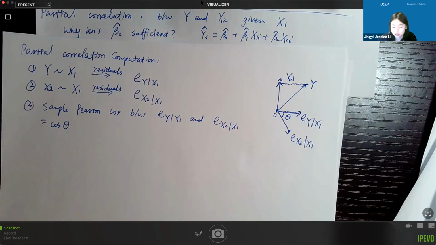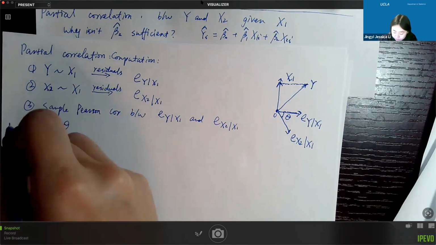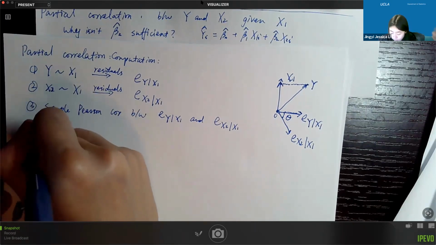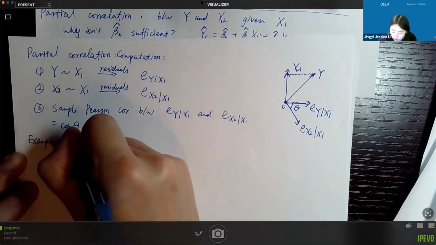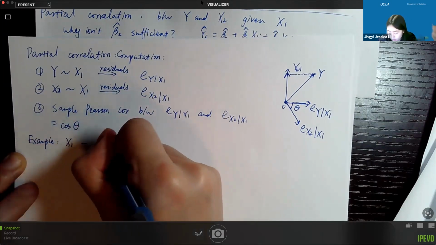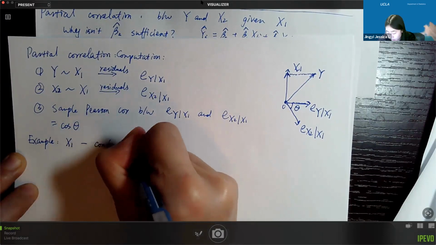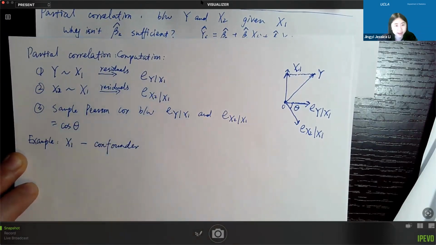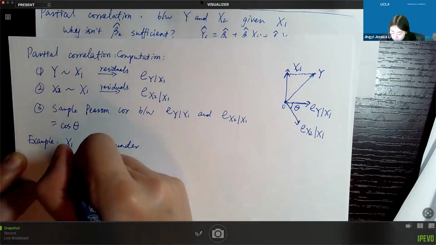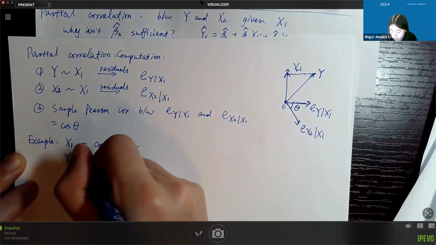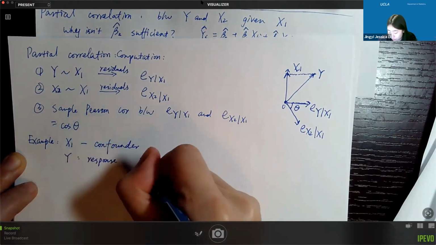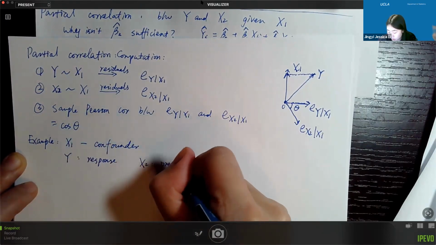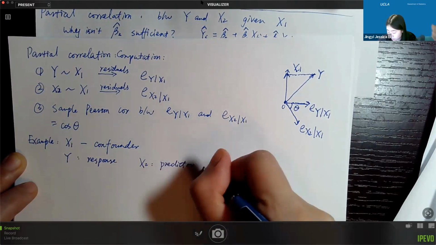In this case, you may consider x1 as what you call a confounder, whose effect on y is not of your interest. And then y is the response, and x2 is the predictor of interest.